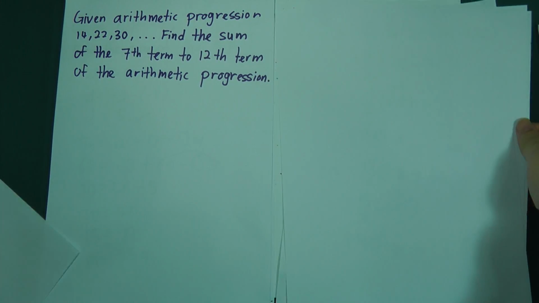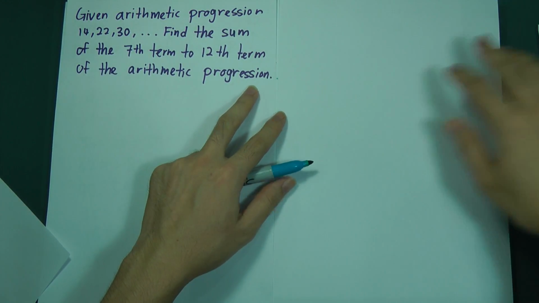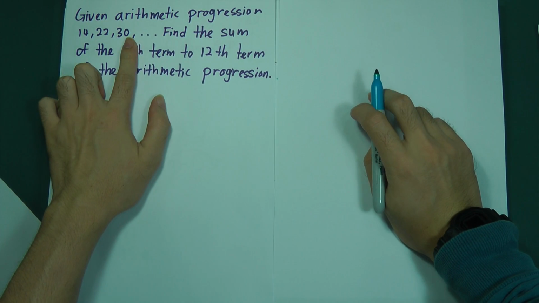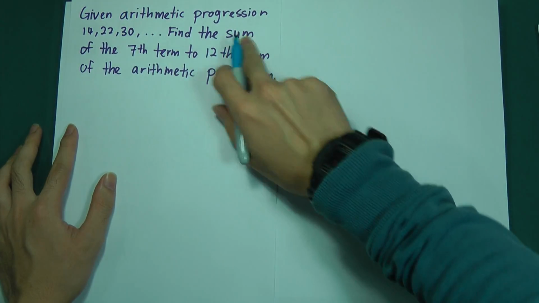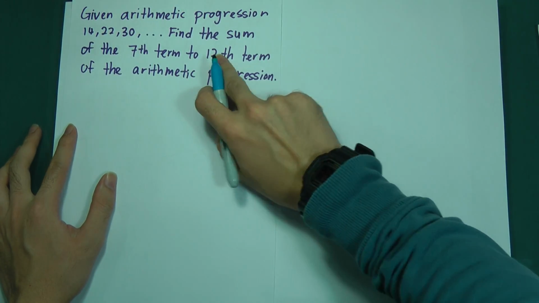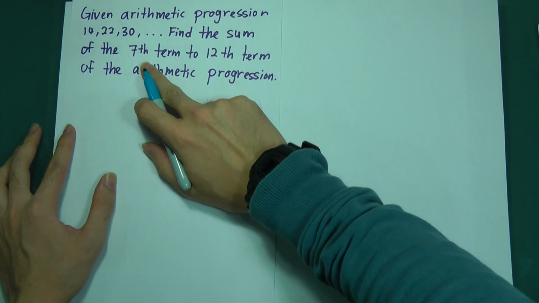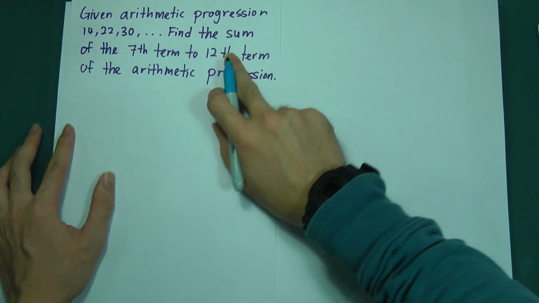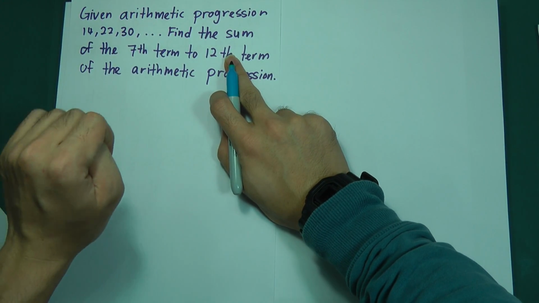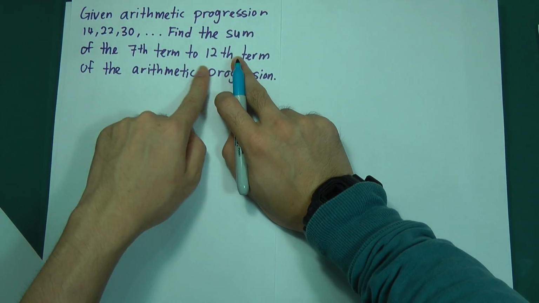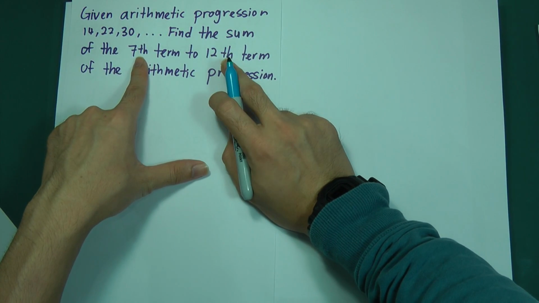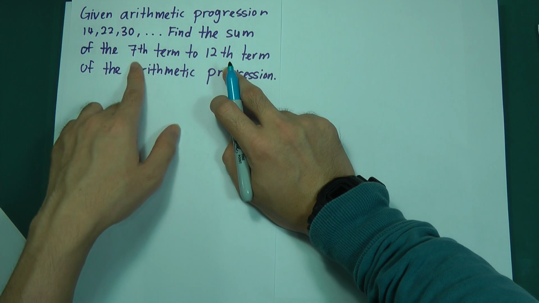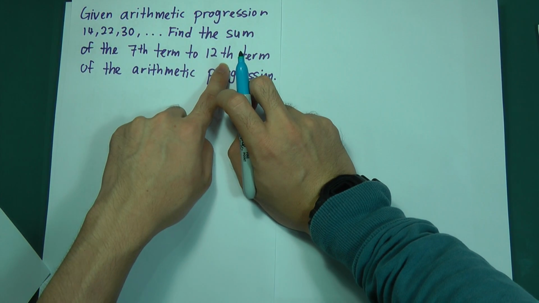He said, given that the arithmetic progression is 14, 22, 30, find the sum of the 7th term to 12th term. Even here you have the 6th term, but you cannot write S6 because this is not the sum from the first 6th term. This is from the 7th term until the 12th term.